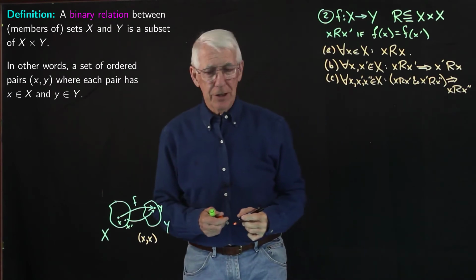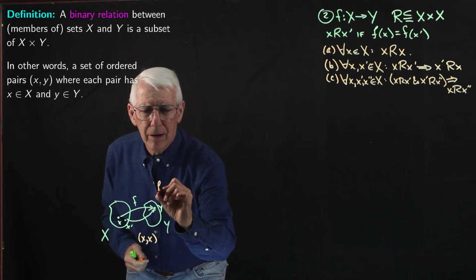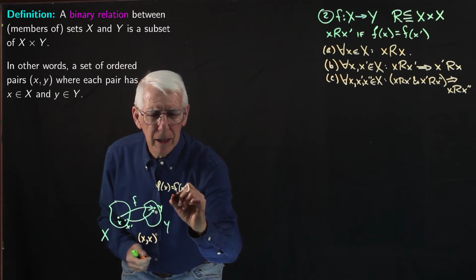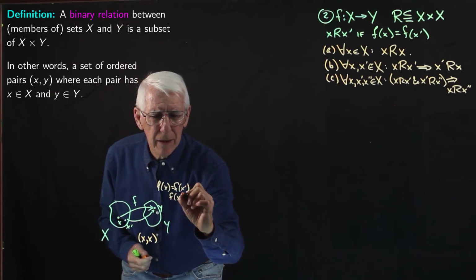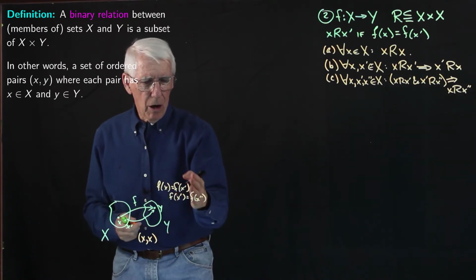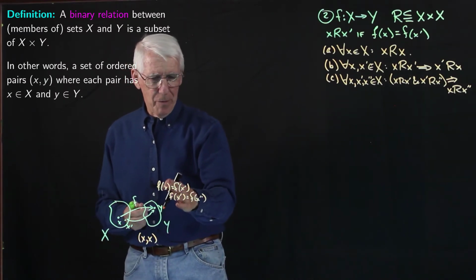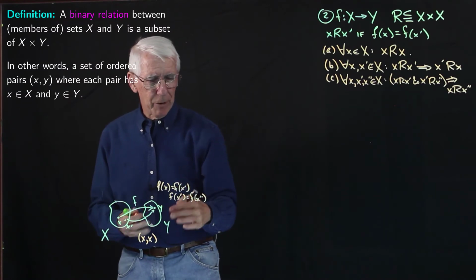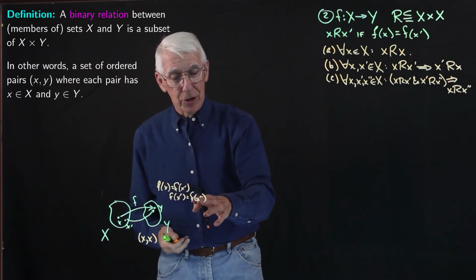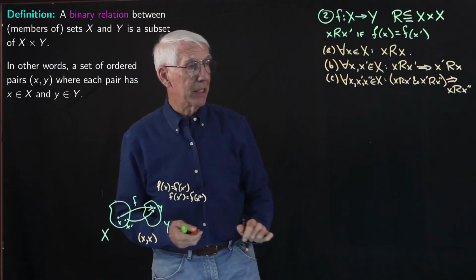And of course, that's just because if we have f of X equals f of X prime, and f of X prime equals f of X double prime, then all three elements of the domain, X, X prime, and X double prime, are getting mapped to the same element of Y. So f of X is certainly the same element of Y as f of X double prime.